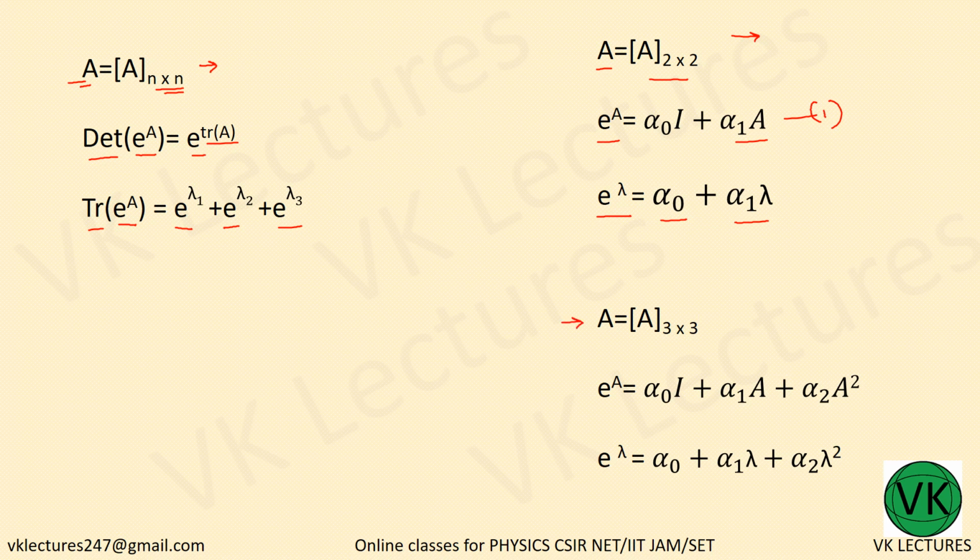For a 3 by 3 matrix, e to the power A equals alpha naught I plus alpha 1 A plus alpha 2 A square, and e to the power lambda equals alpha naught plus alpha 1 lambda plus alpha 2 lambda square. These alpha naught, alpha 1 are constants, and lambda is the eigenvalue. Then we have the matrix A, and I is the identity matrix.